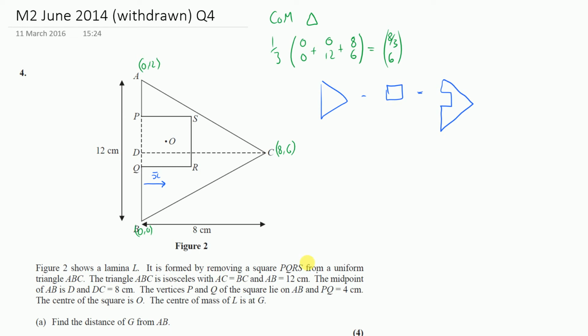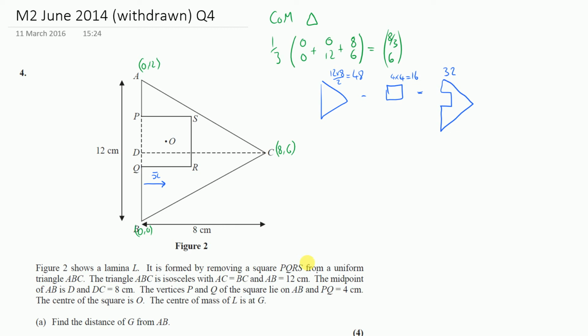So it's also going to be useful for me to know that 12 multiplied by 8 over 2 is 48, and that 4 multiplied by 4 is 16. And obviously if I do 48 take away 16 I get the mass of the final shape, which is going to be 32.